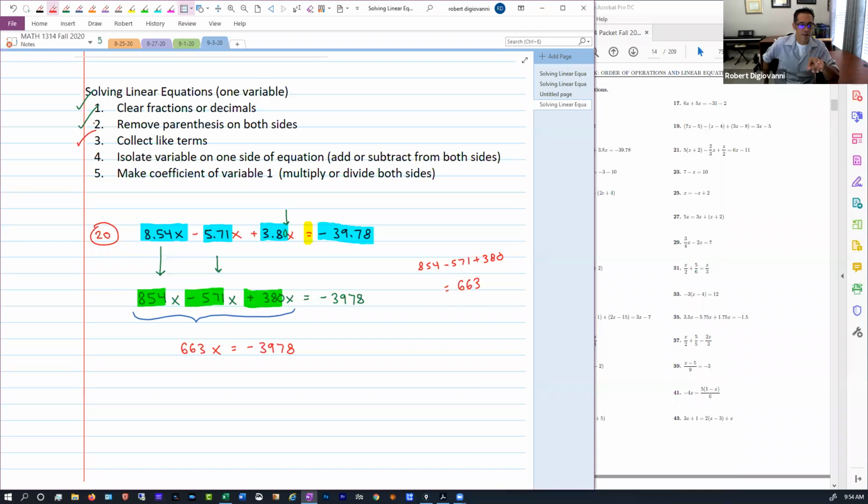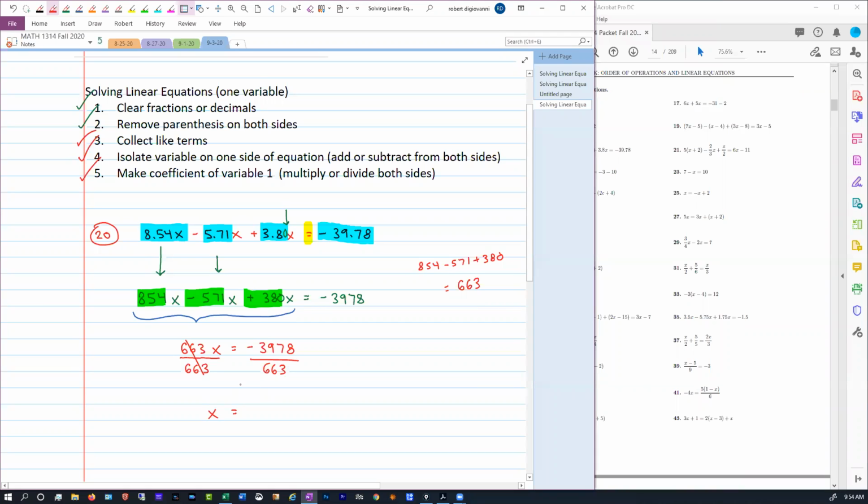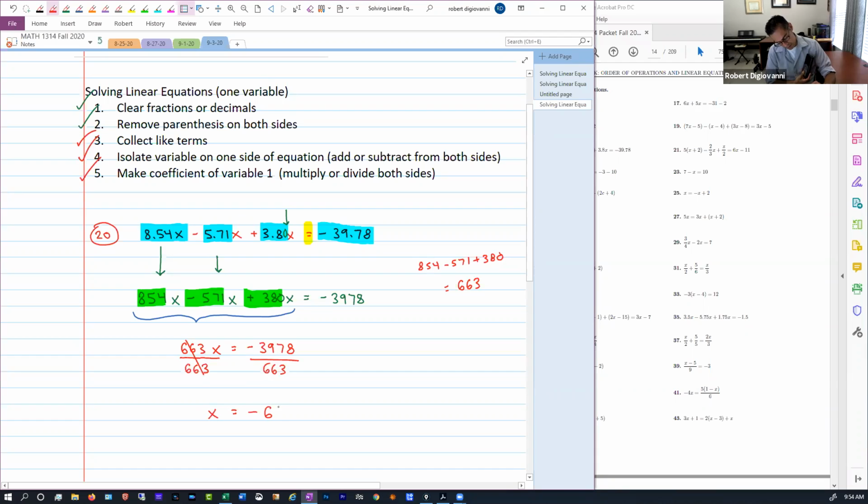We have the x by itself on one side, so we're happy with that. And then Ashlyn said, let's make the coefficient 1. So we have to divide both sides by 663. And that means x will become, and did you try that on your calculator, Ashlyn? It should be -6. Okay, so it's a nice number. All right, good. -6. There we go.